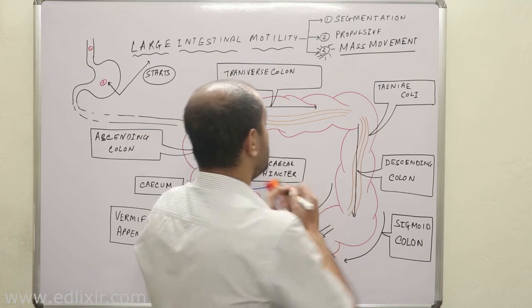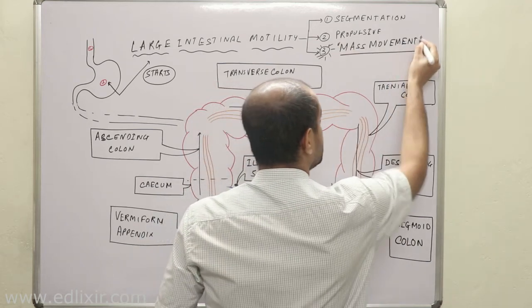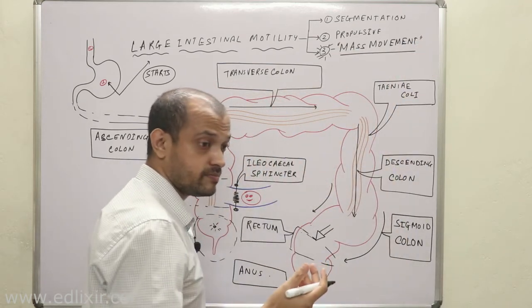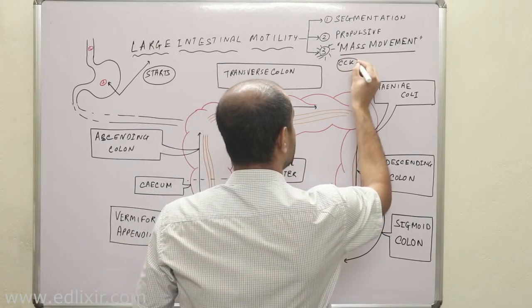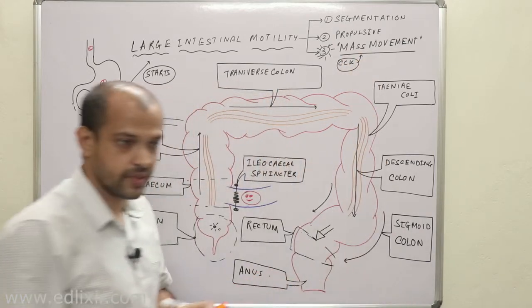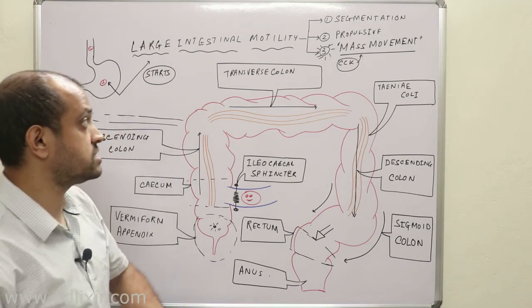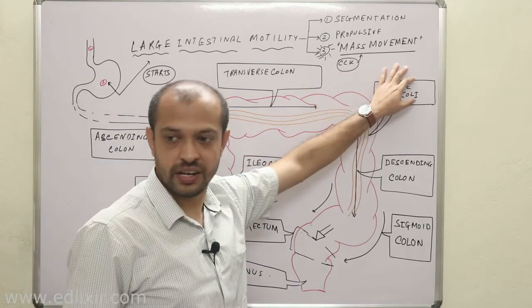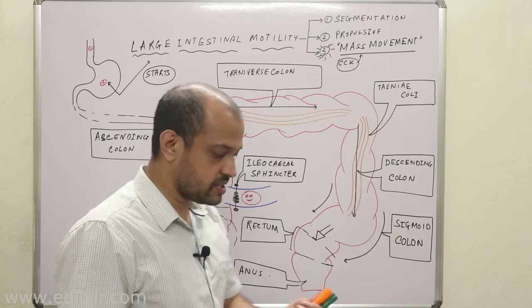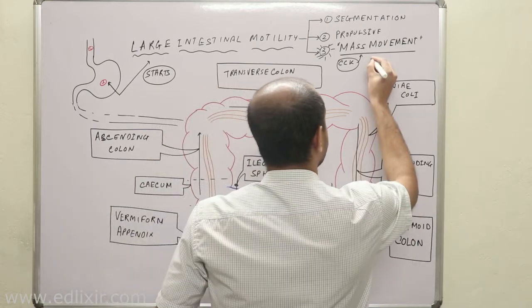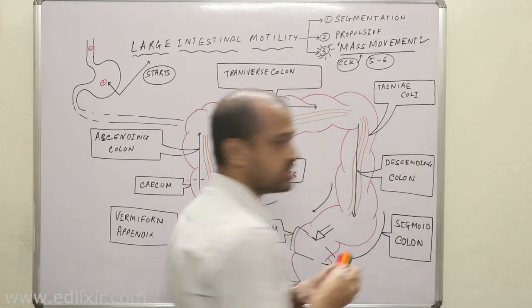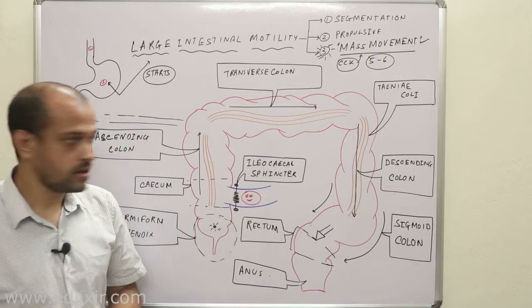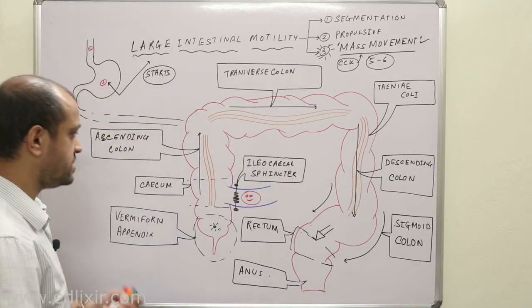The real cause of mass movement is actually undetermined, but some people say that due to CCK mass movements may occur. Mass movements are not that frequent in large intestine. In a day, 5 to 6 times you will see these large movements, so it is not that frequent.